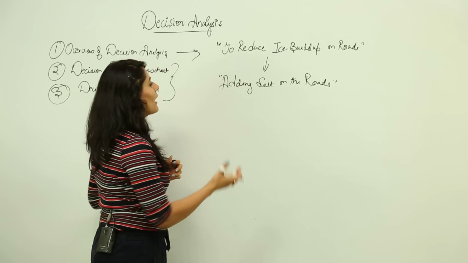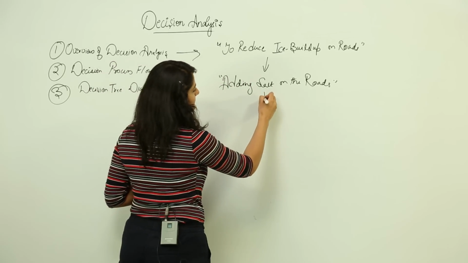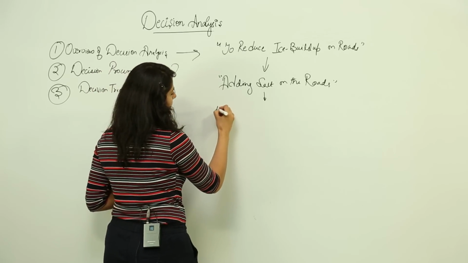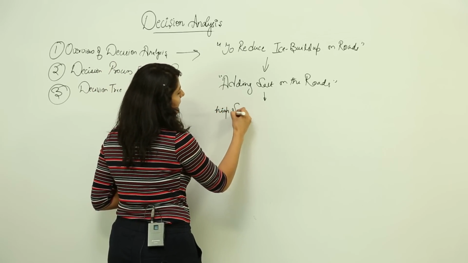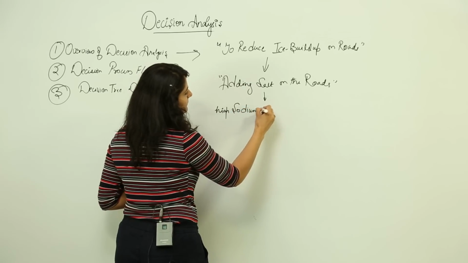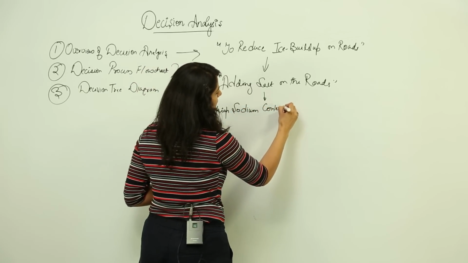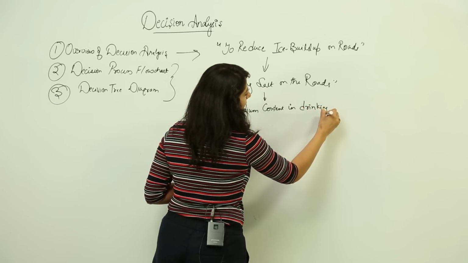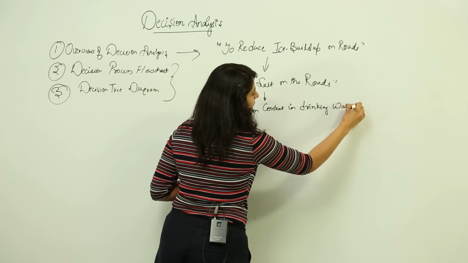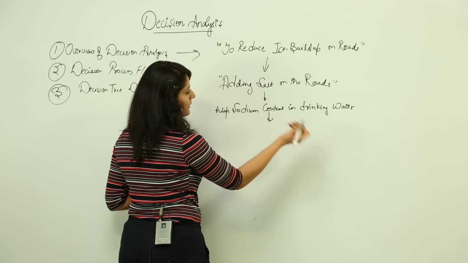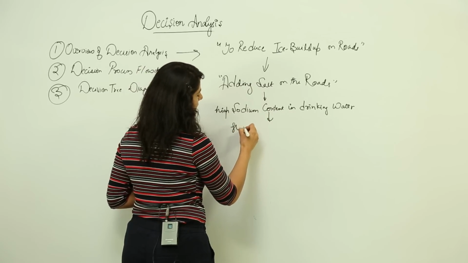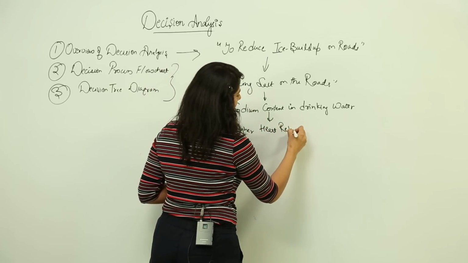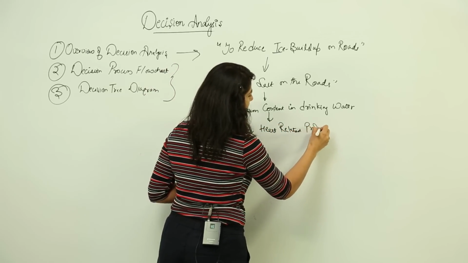So they found out after analysis that if they added a lot of salt, that would lead to high sodium content in drinking water, which will further lead to higher heart related problems.